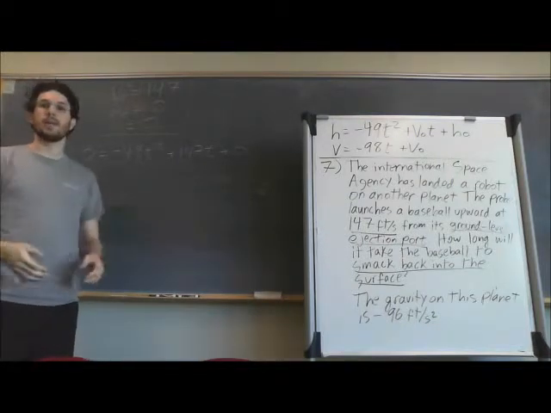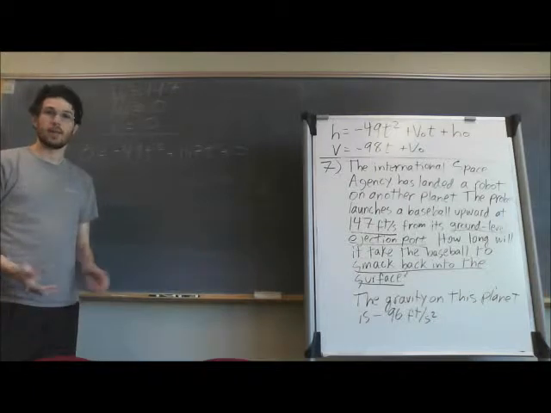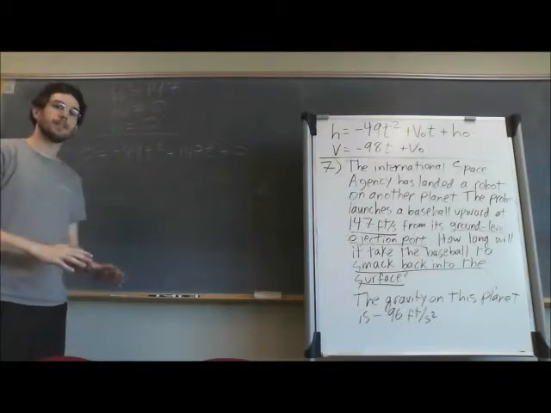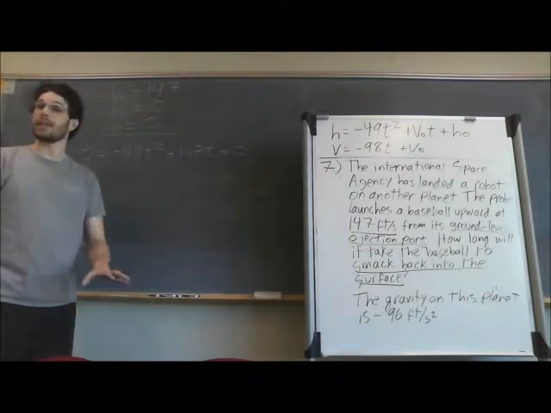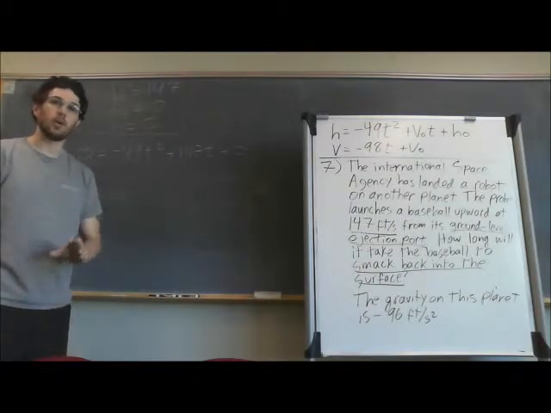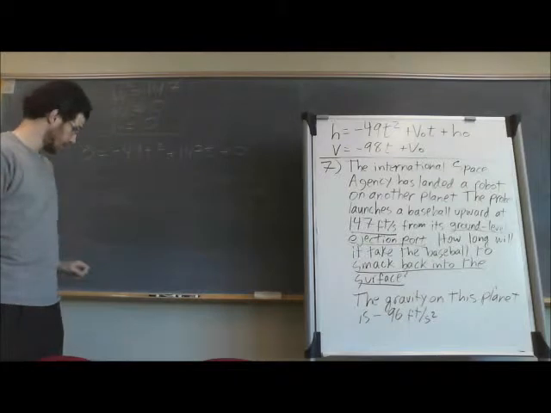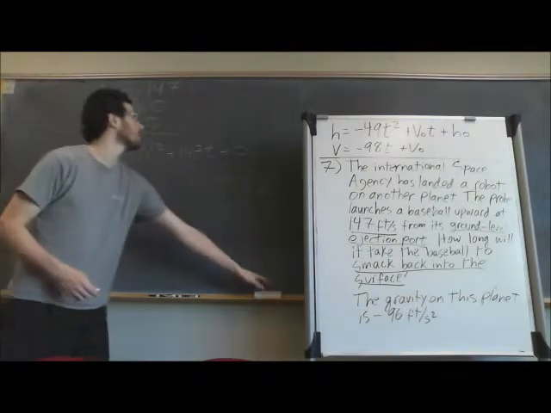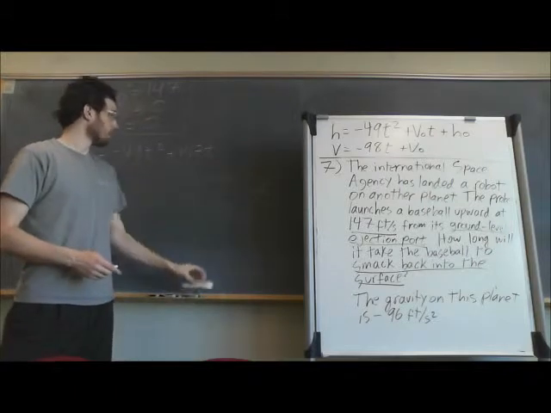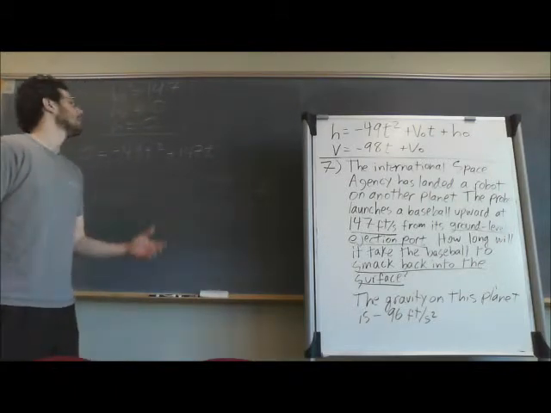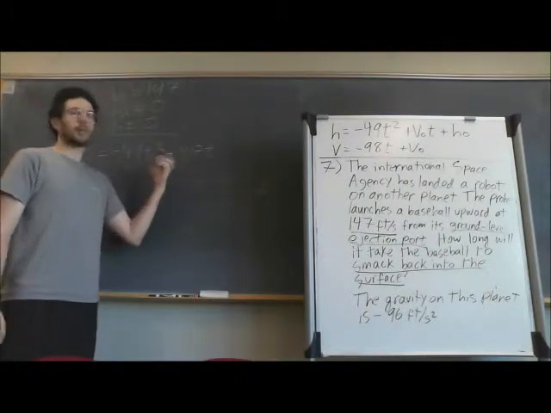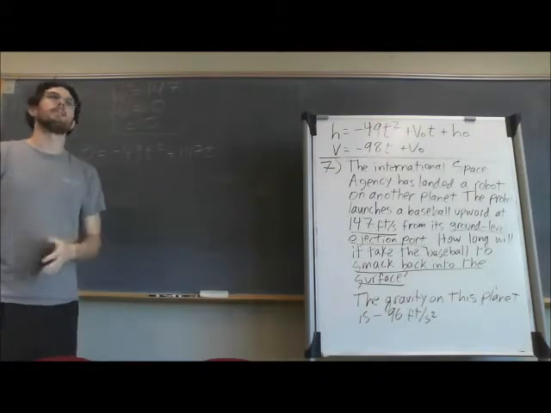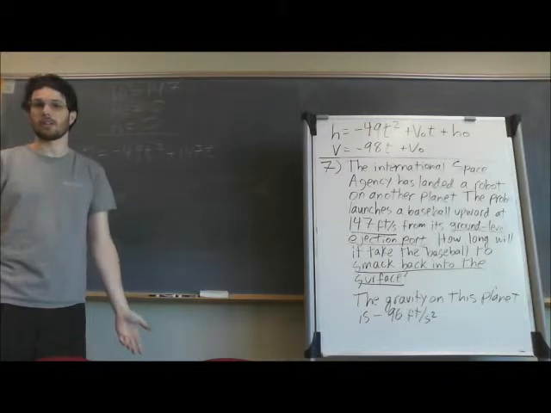So, once again, we have a quadratic. Now, in order to solve this quadratic, we want to attempt to factor it. Again, if you need extra help factoring, let me know. I will absolutely give you more practice on it. Negative 49t squared plus 147t. Now, 147 is actually divisible by 49, so you can pull a 49 out of here, but I didn't expect you to necessarily know that.